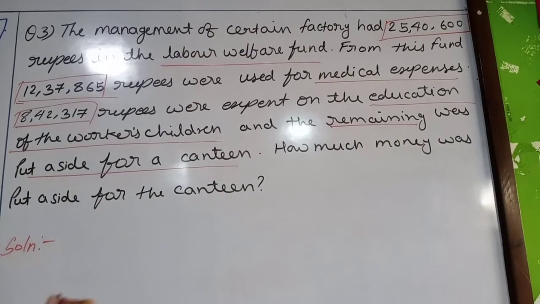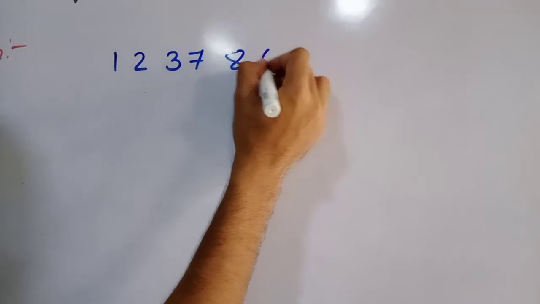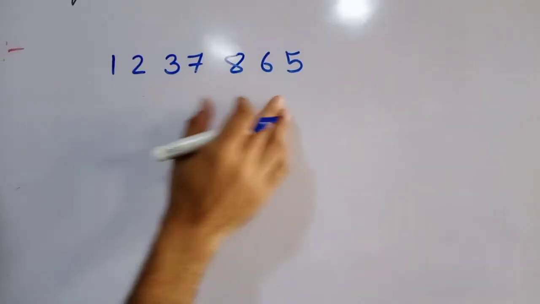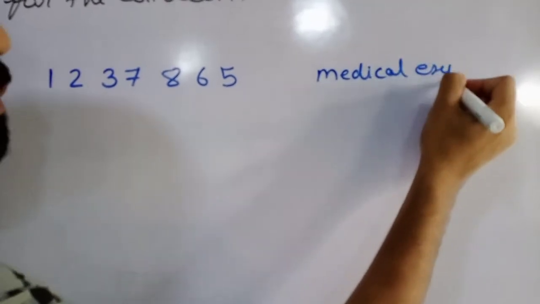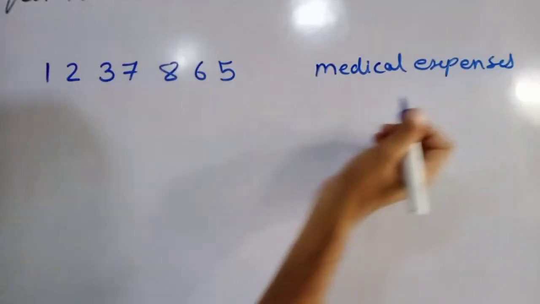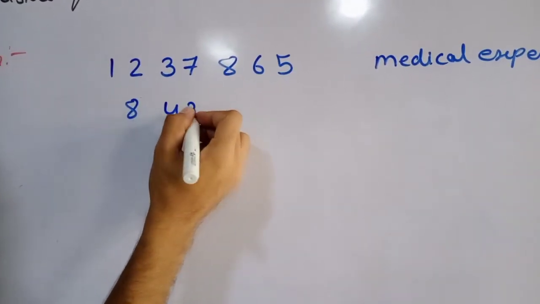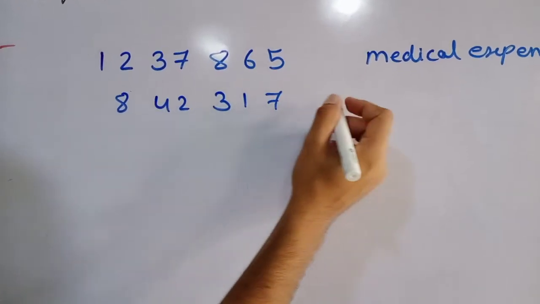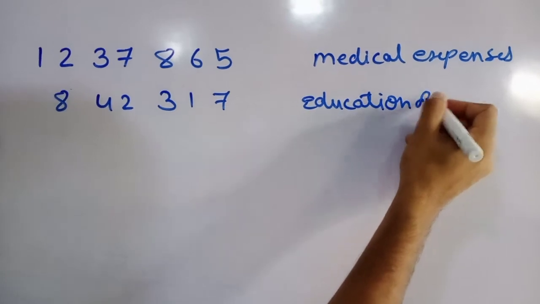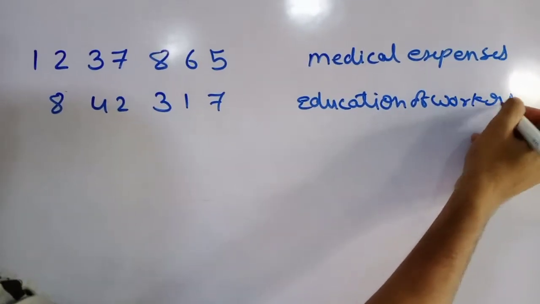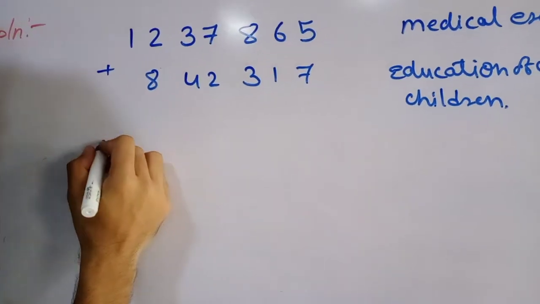So let's start. 12,37,865, this is used for medical expenses. The next one is 8,42,317, that is the education of workers' children. Now we have to do the addition of these two.